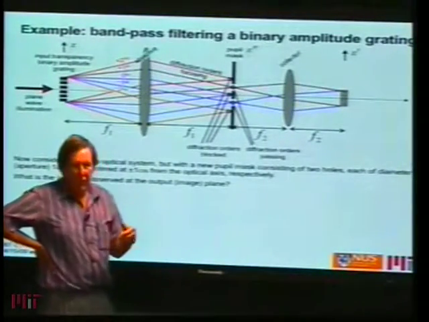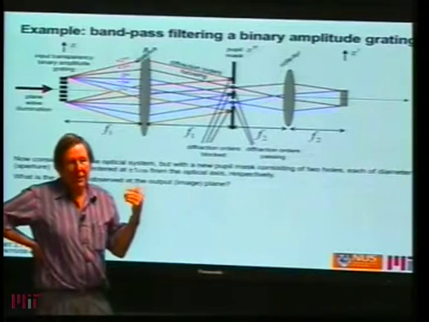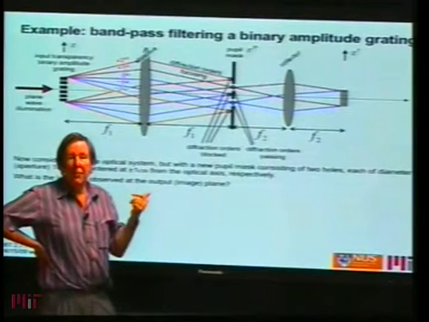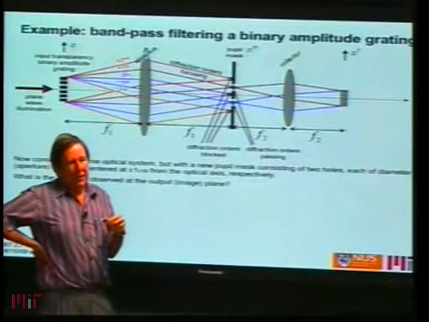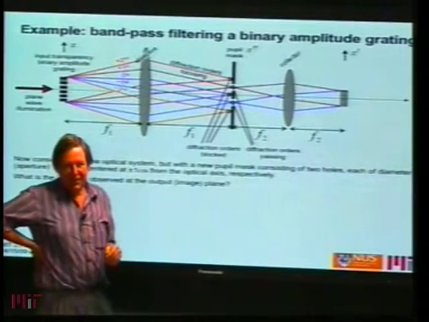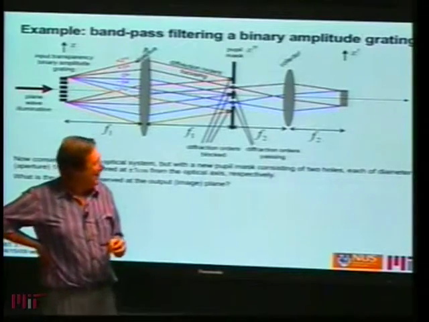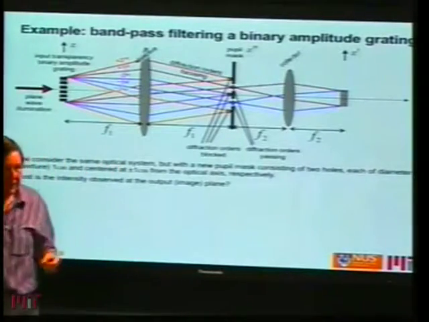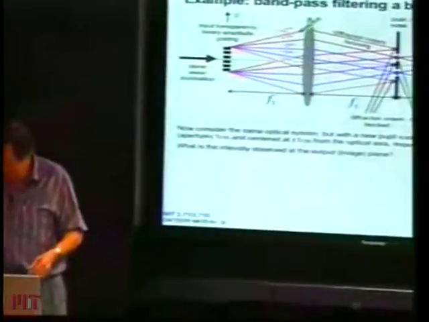So very often what you'll find is you get something which may not be a good image of the original object, but it's an image which is perhaps better than nothing. Okay, so is that all right? Does that answer the question?